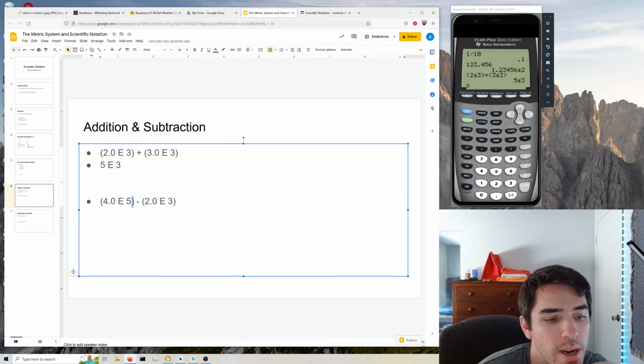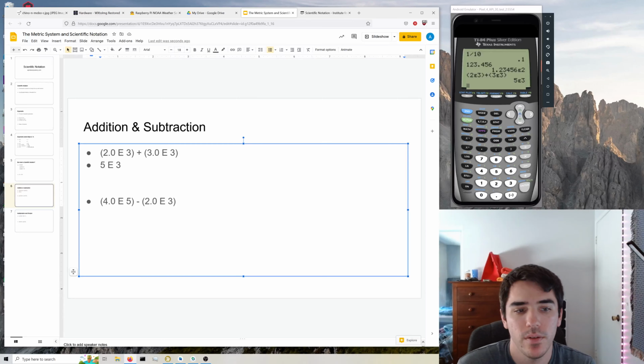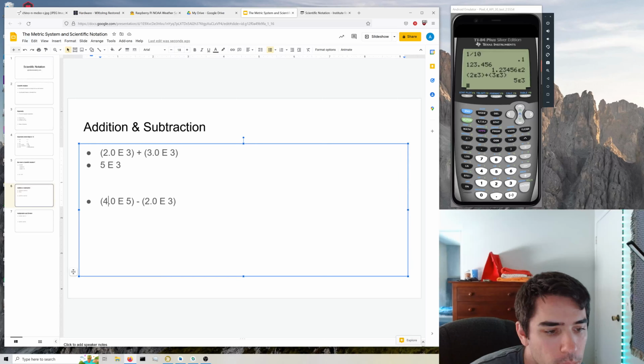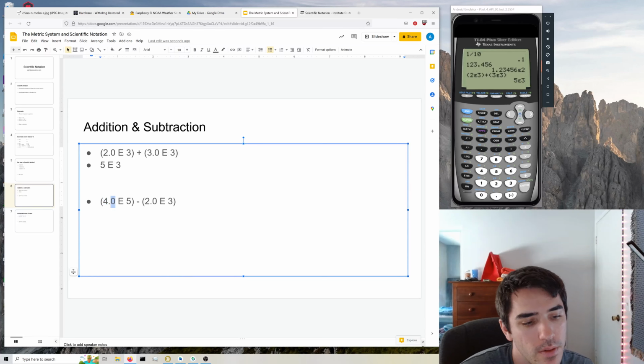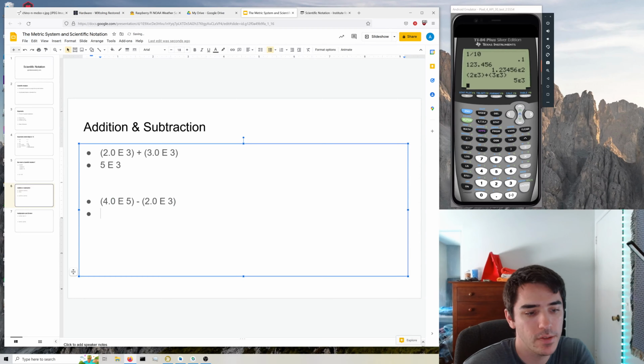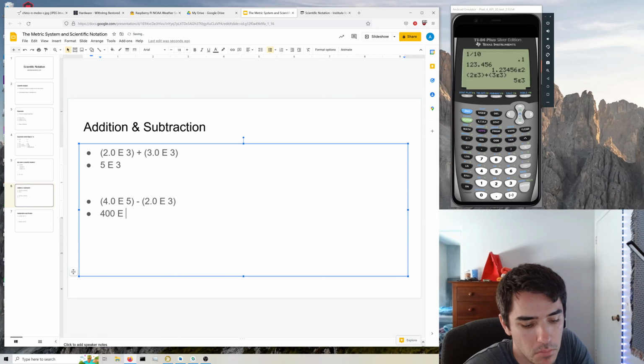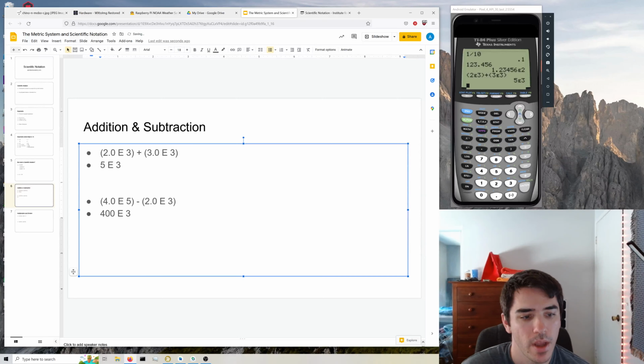In scientific notation, usually you write the number with one digit before the decimal place, and then any following numbers that you need. But you could also write 4e5 theoretically as 400E3, and those will be the same.